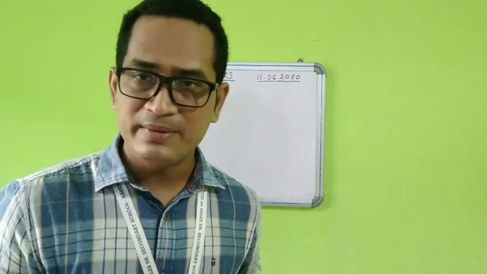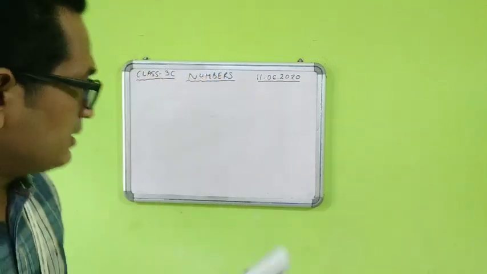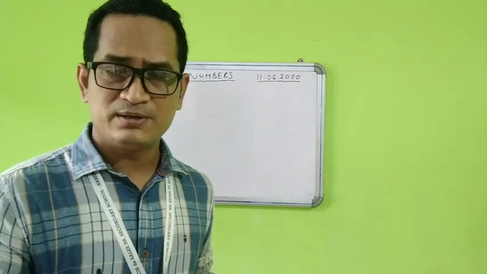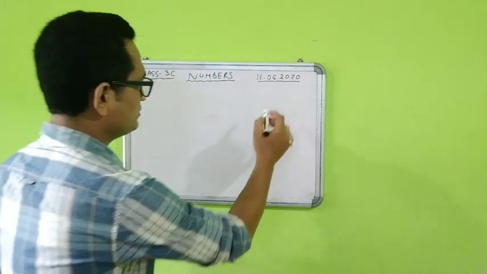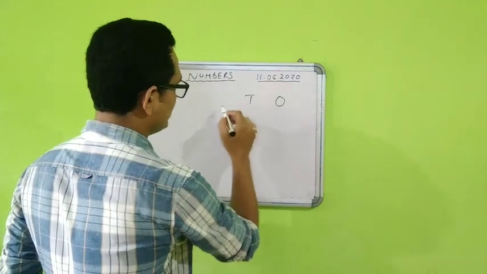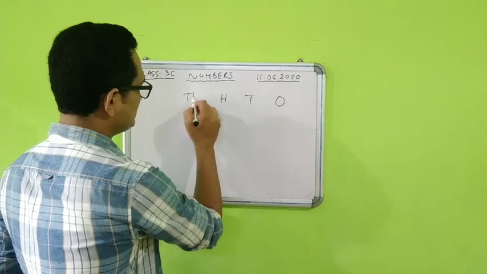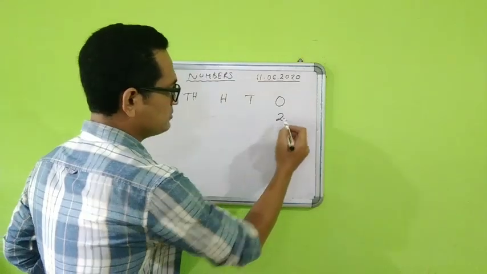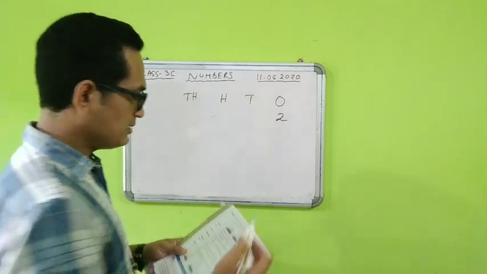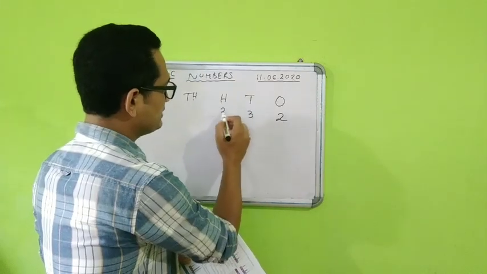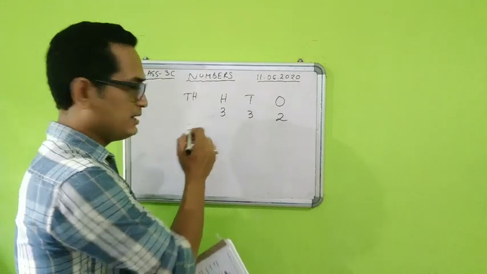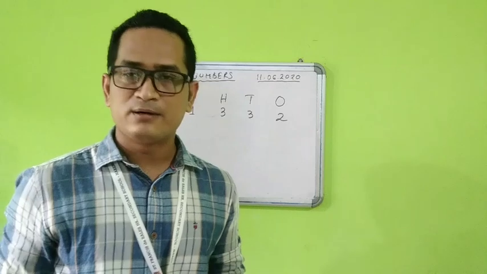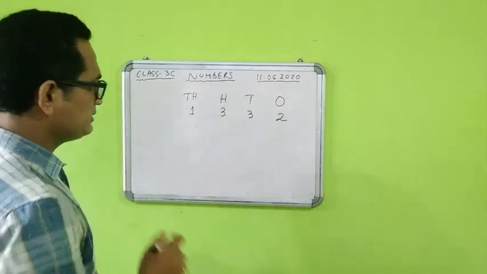Even if we do not draw this particular abacus, we can simply write ones, tens, hundreds, and thousands. In the ones place there are 2 beads, in the tens place 3, in hundreds 3, and in thousands 1 bead.